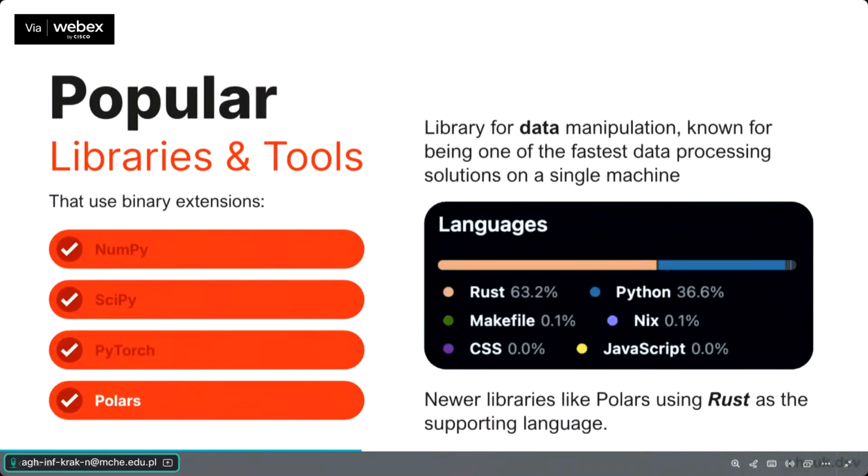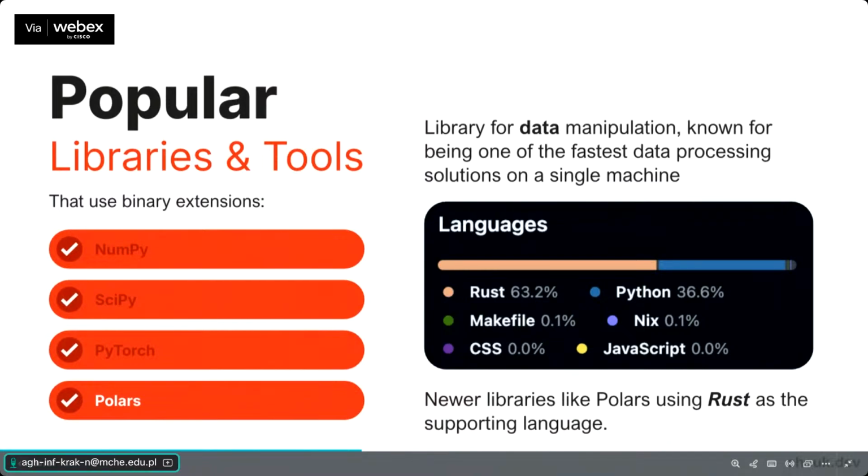This is the interesting one, Polars. I'm sure all of you have heard about Polars, right? Shout if you don't know what Polars is, not the animal. Polars is using a lot of Rust. See, because Polars is quite a new library. I think it was spawned maybe in 2017 or so, I can't remember.